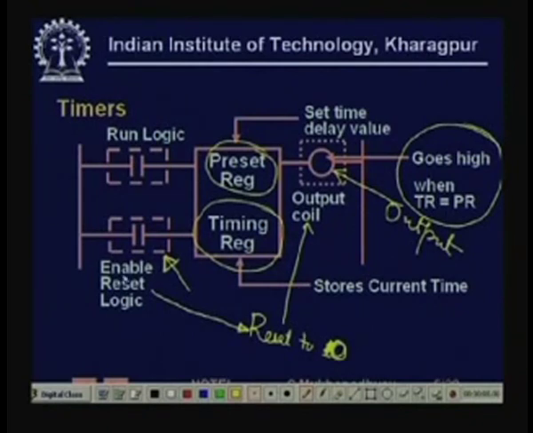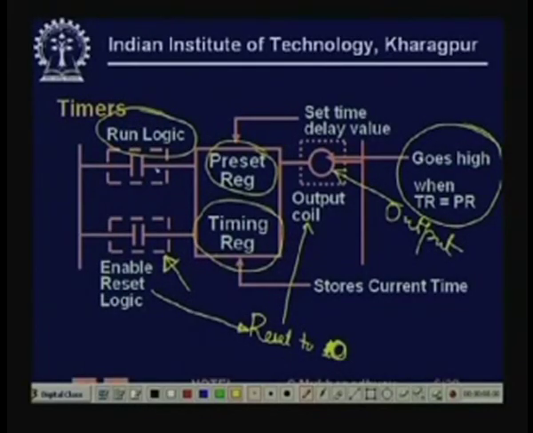Similarly, when it is enabled, it is enabled to time, but whether it will actually time or not can be controlled by the run logic. When the run logic is enabled, only then do the timing pulses come from the internal clock to the timing register; at other times it is inhibited. I would also like to mention that while in this case we have put it by a single contact, we could easily implement a complex logic based on which we want to assert the run logic.